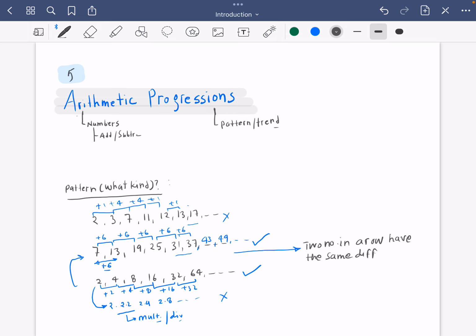When you have numbers where, if you take any two numbers in a row, the difference is the same, then when numbers follow this kind of pattern, that series is called an arithmetic progression. And that's what we are going to deal with here. A series where the difference between two consecutive terms, two terms in a row, is always the same. That's the pattern here. The difference between two terms in a row is always the same.